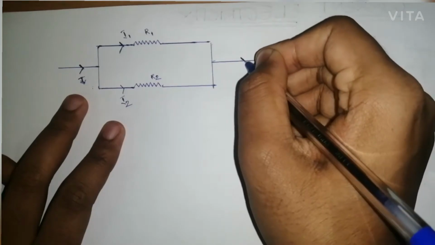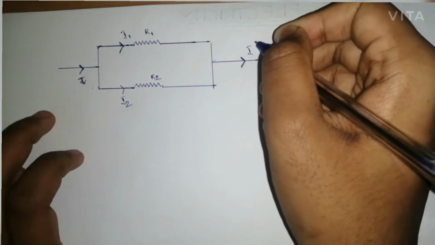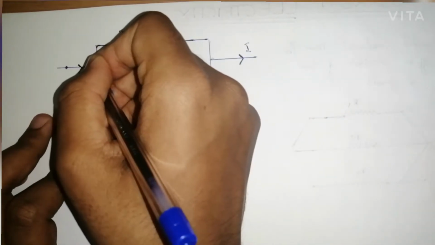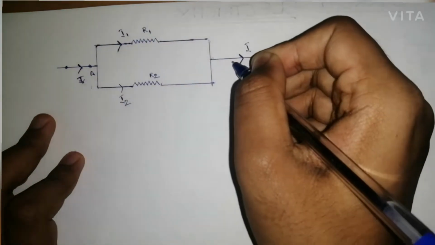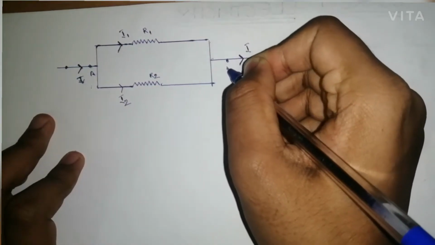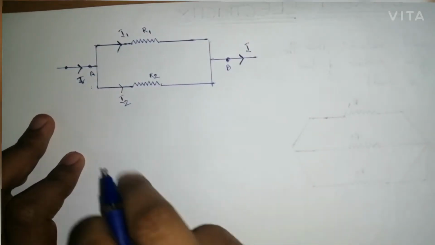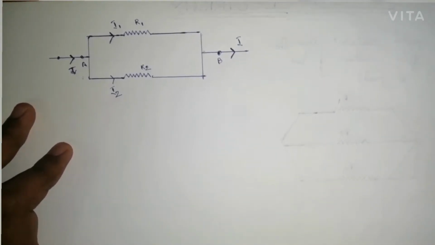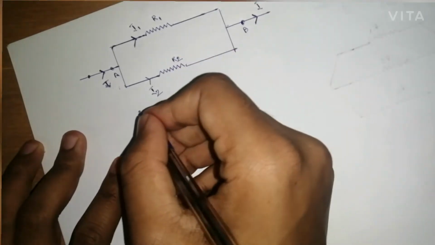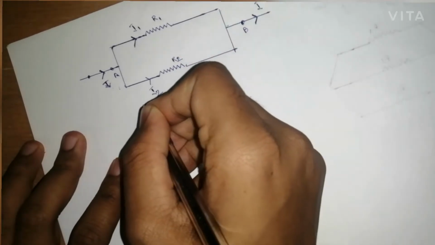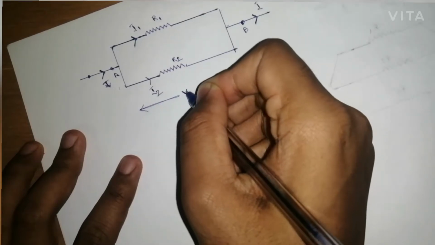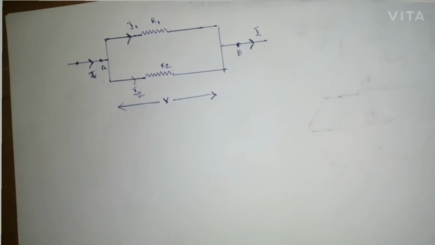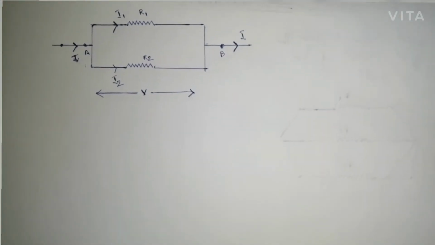So this will be your I, and as you all know, this will be your point A and this will be your point B. And the main thing in this derivation is that you'll have the same potential. In your series connection, you had the same current, and in your parallel connection you'll have the same potential.